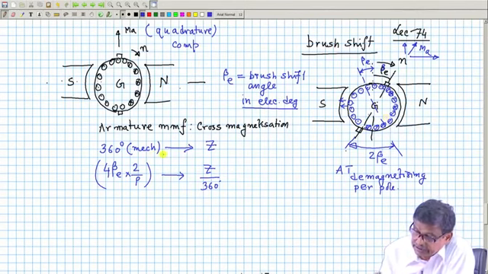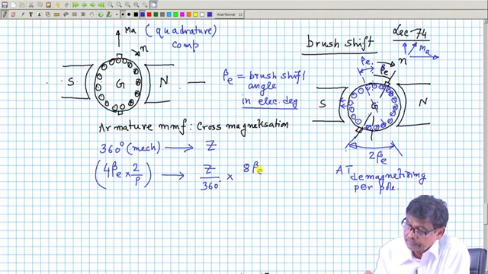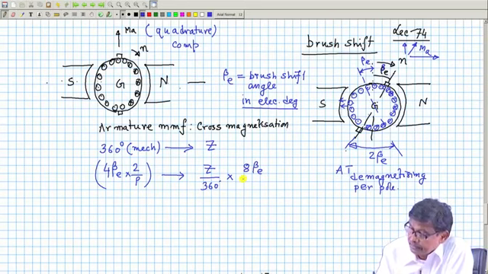So, Z by 360 into 4 beta E by P. If I make a mistake, point out.